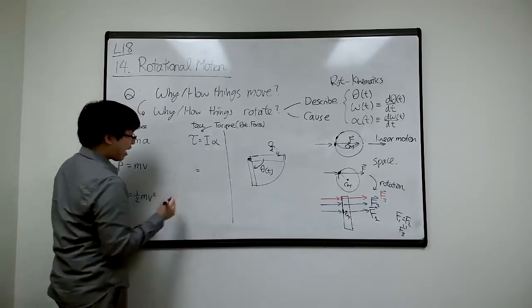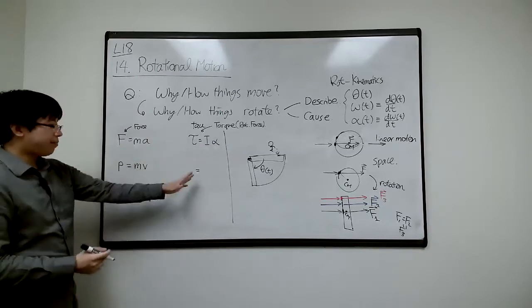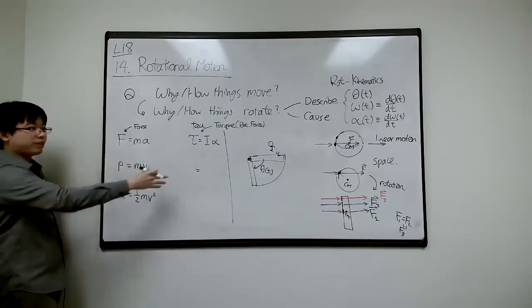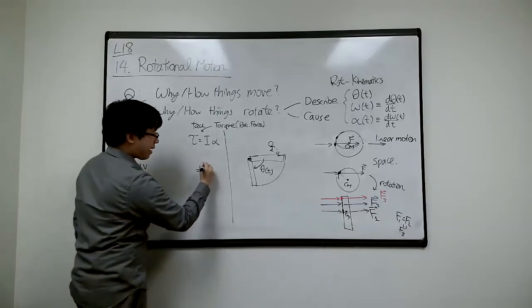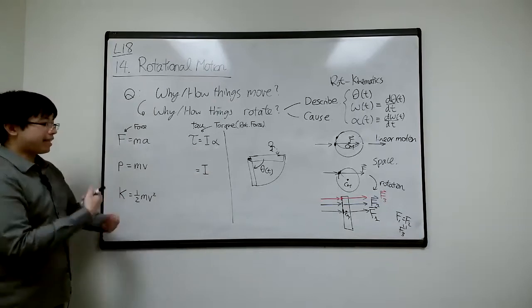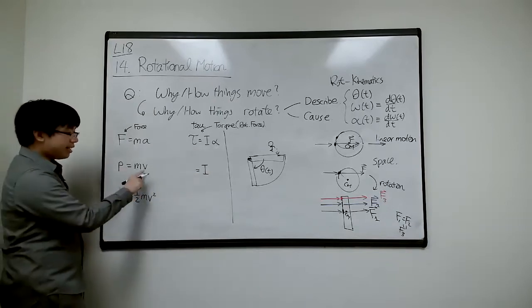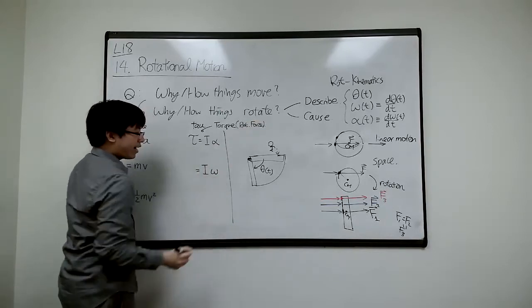So can you guess how this would get promoted into, what is the counterpart in the rotational world? This is the linear world, this is the rotational world. Well, M is going to be replaced by I, because I measures how difficult something is going to rotate, M measures how difficult something is going to move in a straight line. V is going to be replaced by, what is it? Omega.